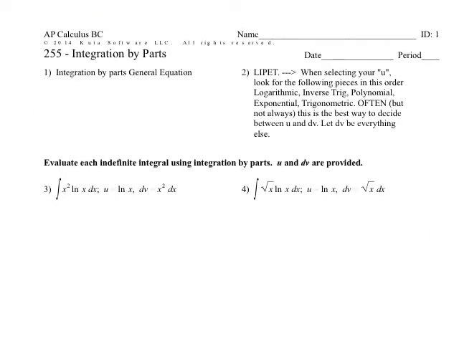Alright, the worksheet at the very top, the first question is just to write the general equation, which is the integral of the product of u times dv is equal to ultraviolet minus voodoo. And next up we have the little note about LIPET.